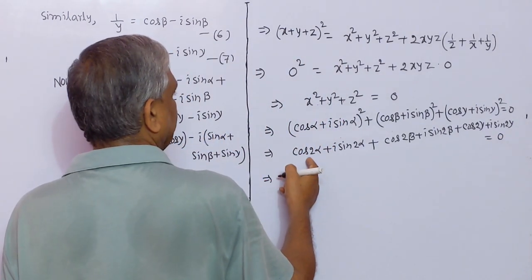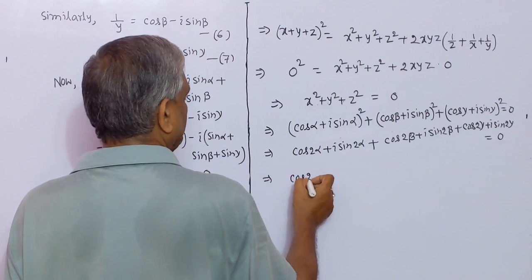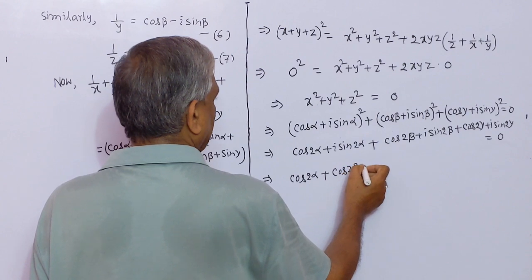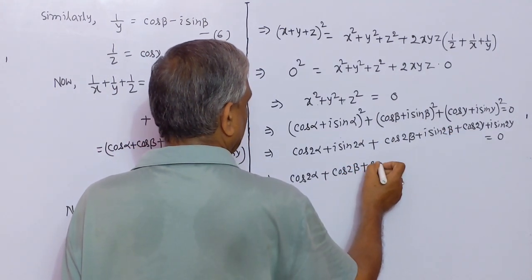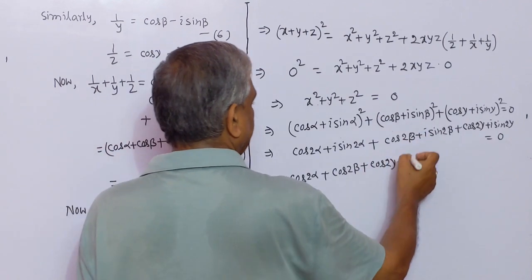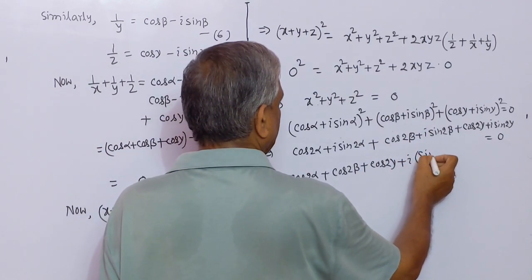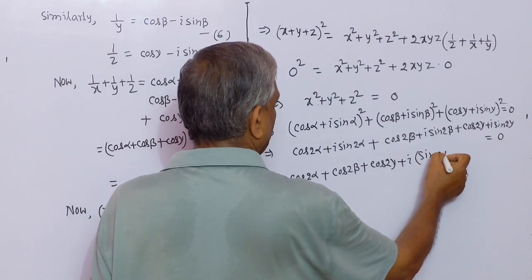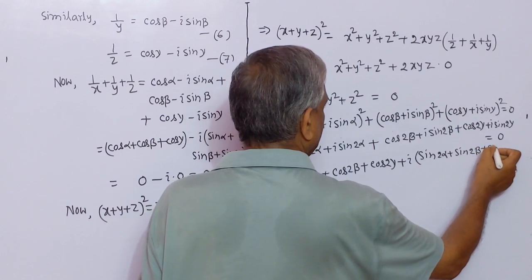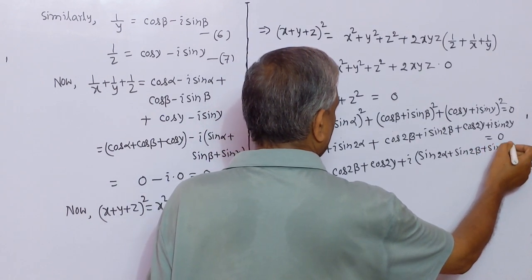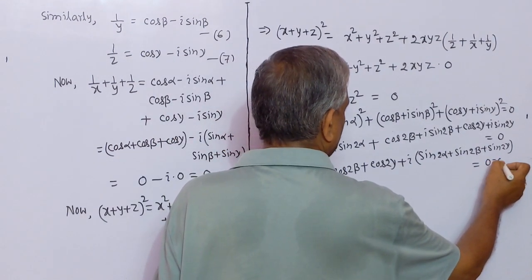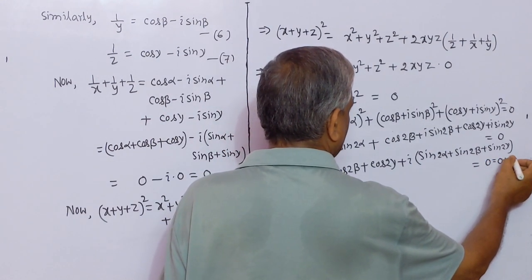Implies that we take real part cos 2 alpha, here cos 2 beta, here cos 2 gamma, and imaginary part I times sin 2 alpha plus sin 2 beta plus sin 2 gamma. This equal to 0, and 0 means 0 plus I into 0.